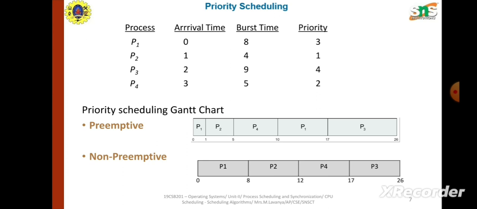This is preemptive. In non-preemptive, it's vice versa. Even though a higher priority process has arrived and a lower priority process is currently executing in the CPU, after completion of the lower priority process, the next higher priority process will be allocated. This is non-preemptive. Okay, in this, let's see the example elaborately.